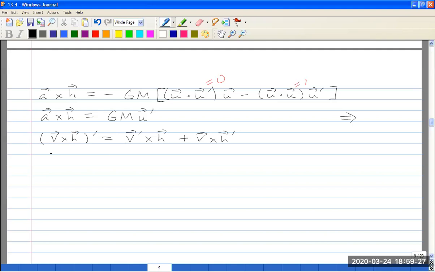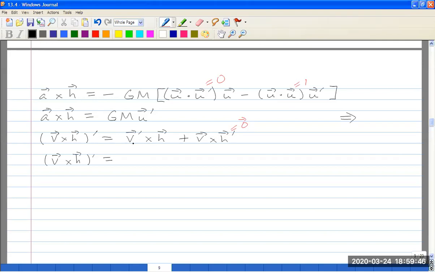H is a constant, so this is 0. Anything cross 0 is 0.